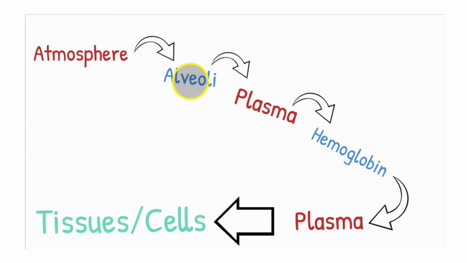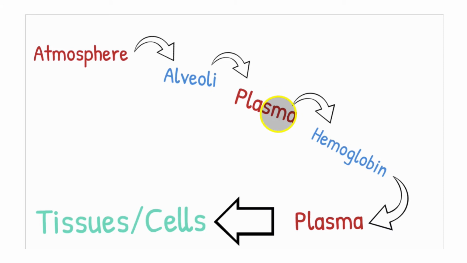From there, it'll move from the alveoli into the blood plasma down its partial pressure gradient, which generally, if not always, at the lungs, there's going to be a lower partial pressure of oxygen in the blood plasma than in the air sacs or the alveoli. From the blood plasma, most of it, 98% of it, is going to go into the red blood cell and bind to the hemoglobin molecule.